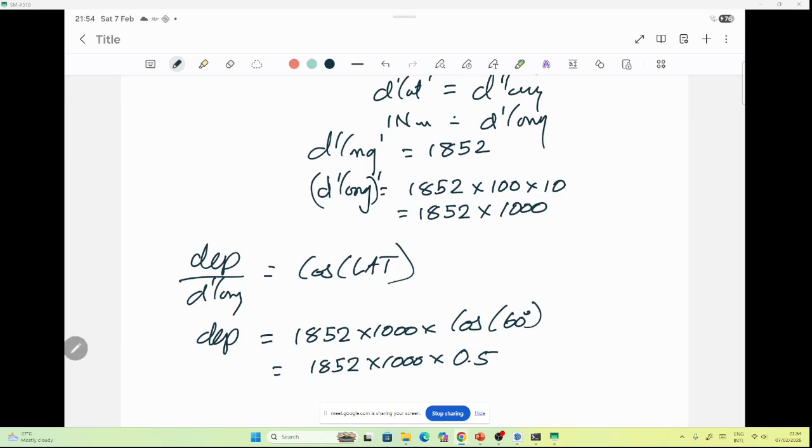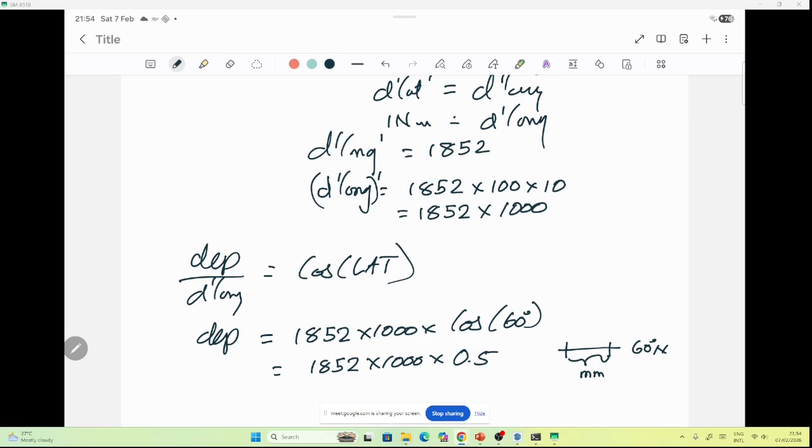So this is the actual distance in millimeters at 60 degrees north.